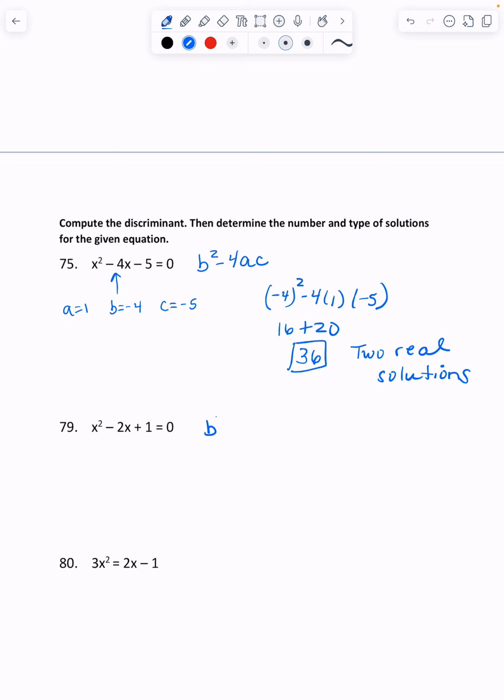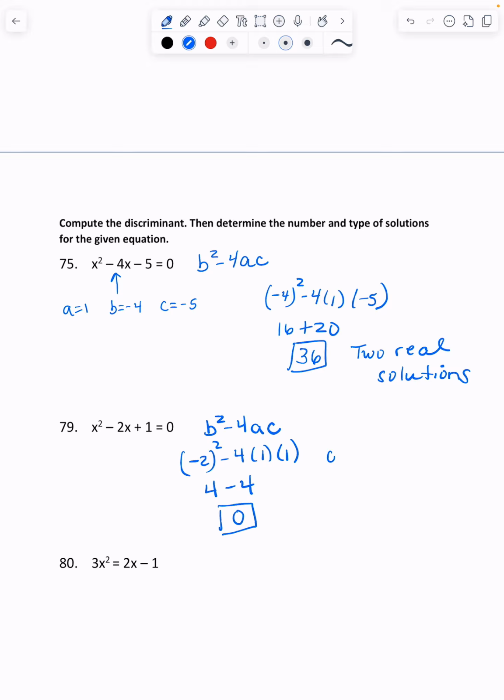Using the discriminant in 79, b squared minus 4ac. b in this problem is negative 2, times 4 times a, which is 1, times c, which is 1. I get positive 4 minus 4, which in this case is 0.